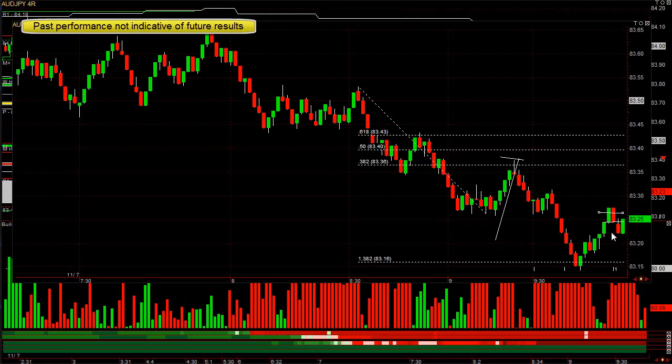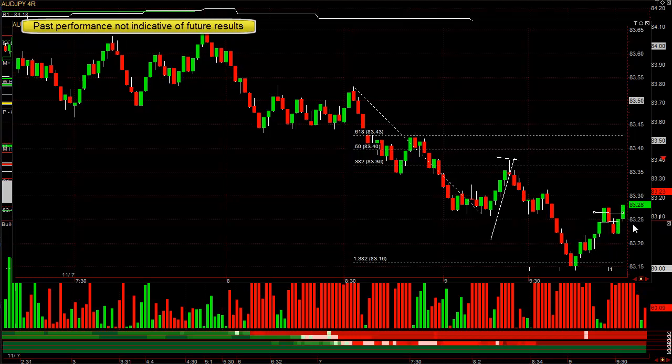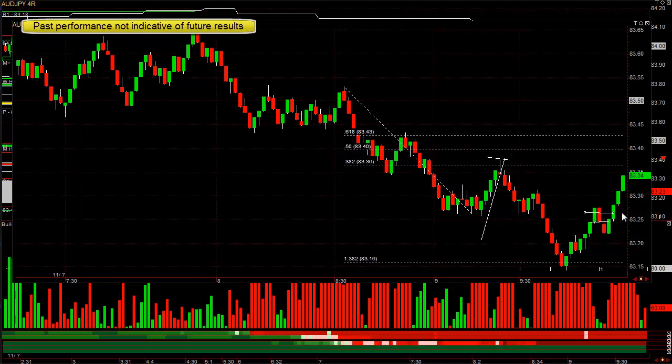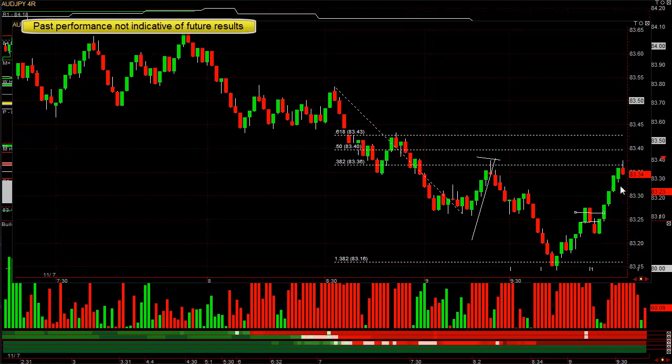And so a lot of times on these things, let's just say for example's sake, I did 1 lot here. So I will have a 3 or 4 pip loss, right? So we'll wait for it to go up a little bit. 1, 2, 3, 4 bars, 5 bars, reversal.